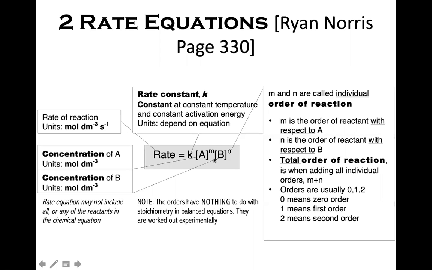Times the concentration of reactant B raised to the power of n. In this case, n is the order of reaction with respect to B, and m is the order of reaction with respect to A. So when we talk about order of reaction, we always have to refer it to a particular species, which species we are talking about.